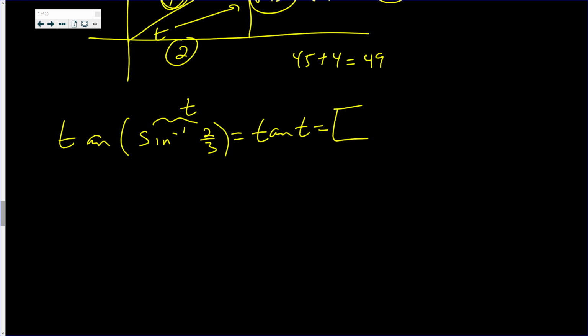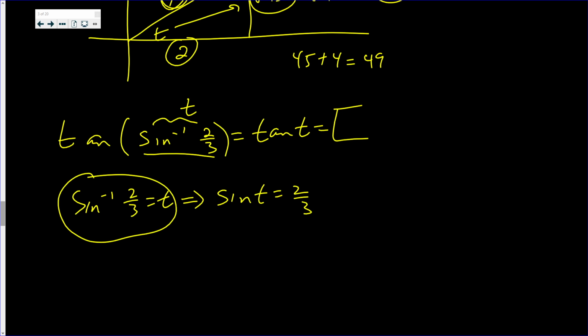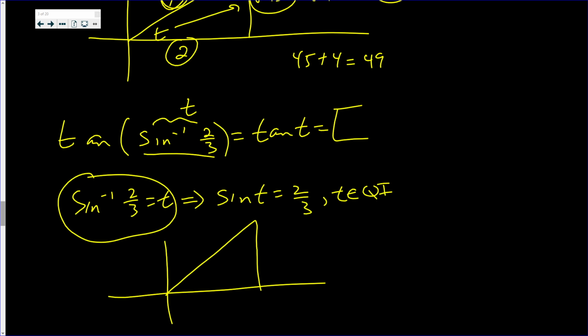By definition, sine inverse of 2/3 equals t means that the sine of t is 2/3, and this is only defined in quadrants 1 and 4, and since it's positive, t is in quadrant 1. So I draw my angle t, the sine is 2/3.